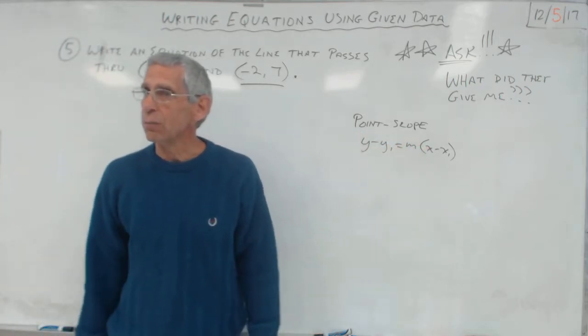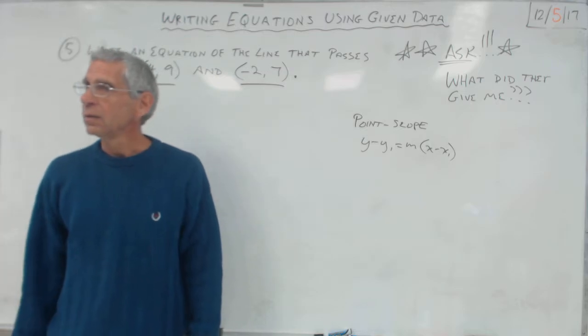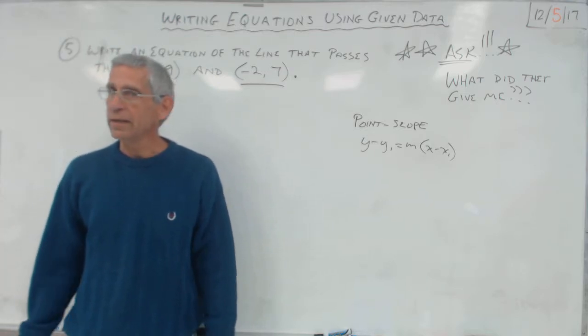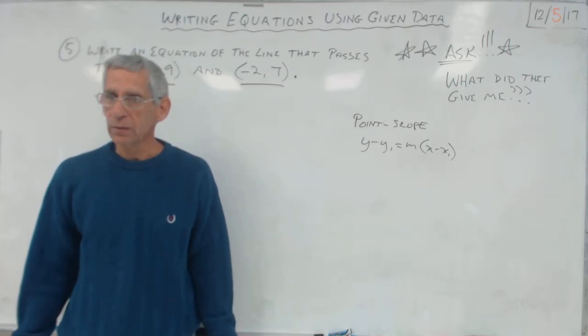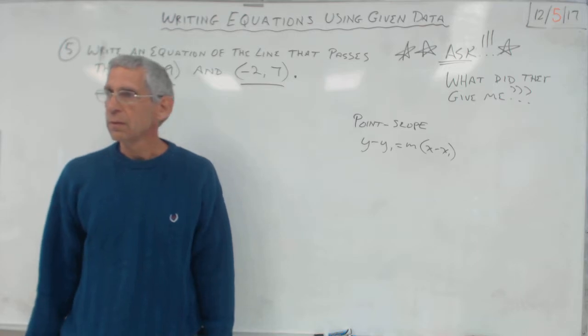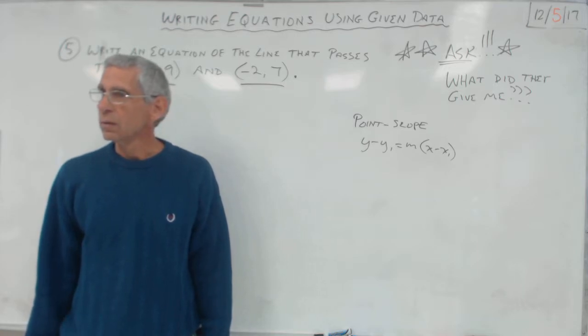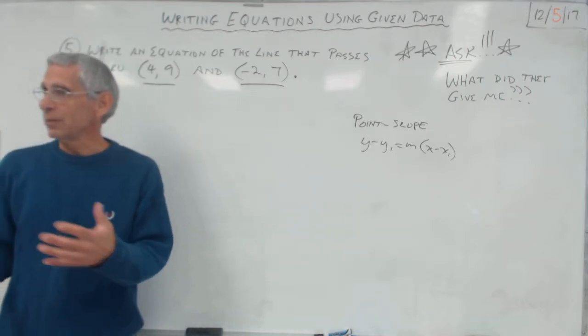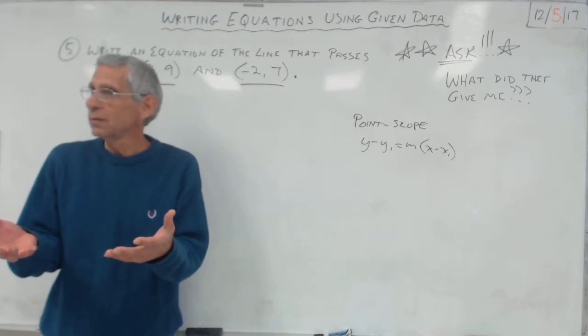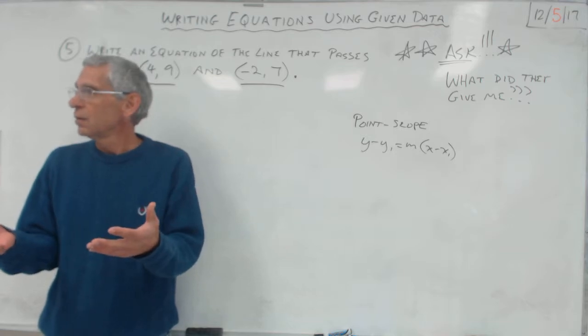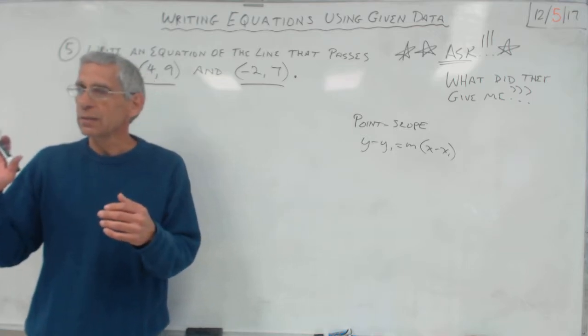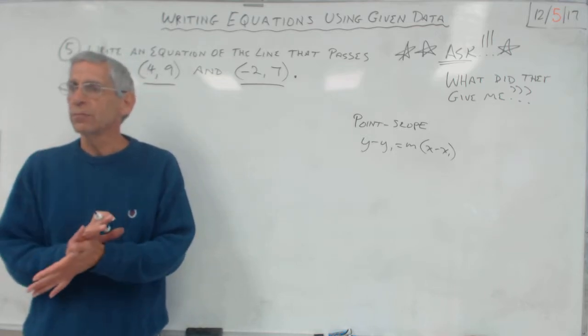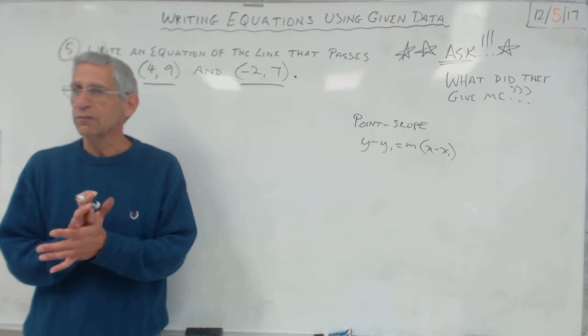They didn't give us a slope. Slope intercept needs a slope, right? So it's standard. Wait a minute, guys. Listen. Please stop. I need you guys to focus right now.